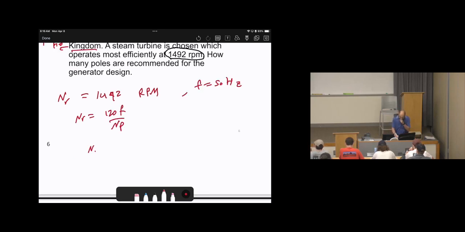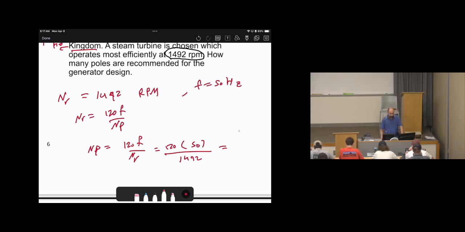How to find number of poles? Number of poles equals 120 times the frequency over the speed in RPM. So let's substitute: 120 times frequency 50 hertz divided by nR, which is 1492.